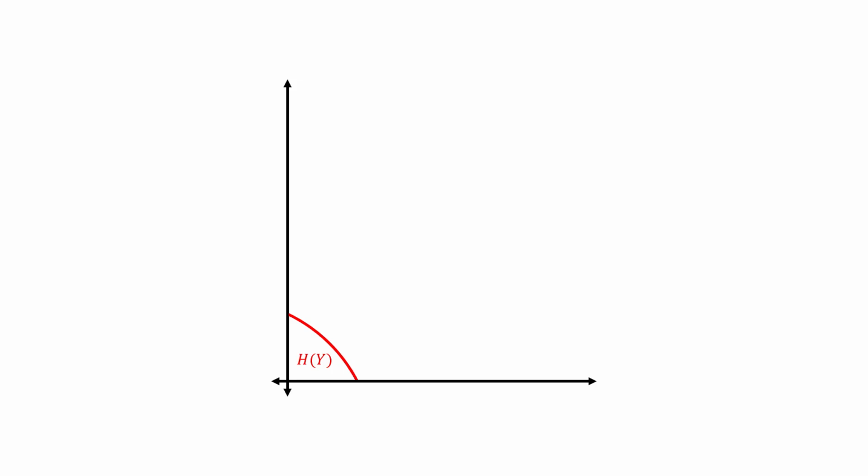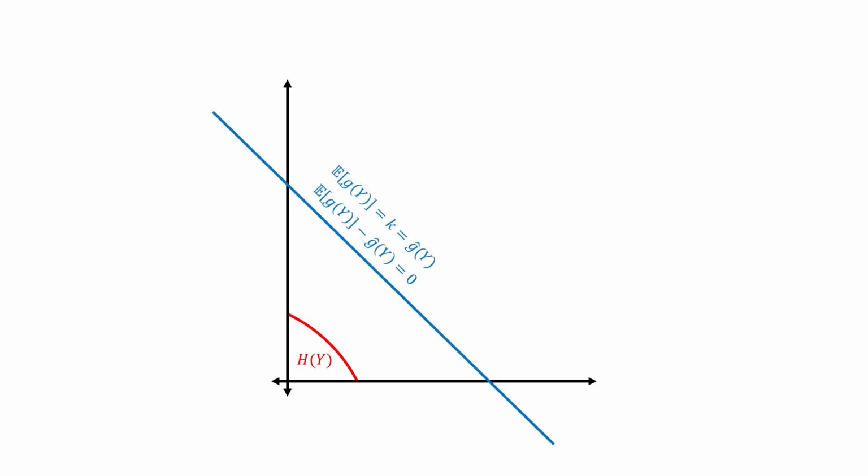What we want to do here is we want to maximize this function, but we don't want to maximize it absolutely. We want to maximize it subject to certain constraints. And here that constraint is being represented by the blue line. Again, don't take the shapes too literally here, but we usually represent these constraints as the expected value of some function of y, and we set that equal to a constant.